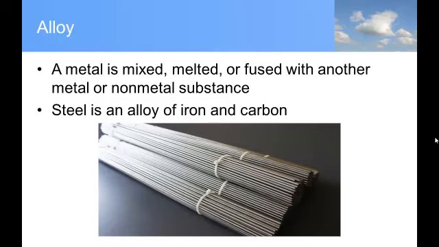Iron by itself is actually too brittle to be useful for a lot of things we need it for. So even what we call wrought iron is actually a low-carbon steel. So most of what we call iron is actually a form of steel. Other metal alloys include bronze and brass, which are mixtures of copper with elements and metals like zinc or nickel.